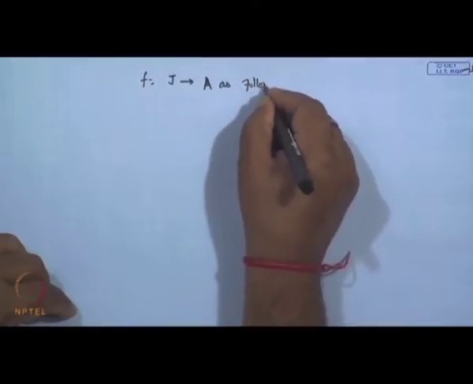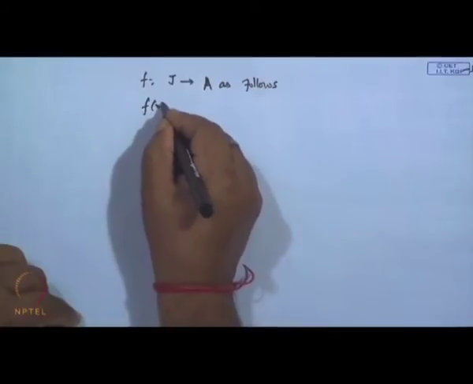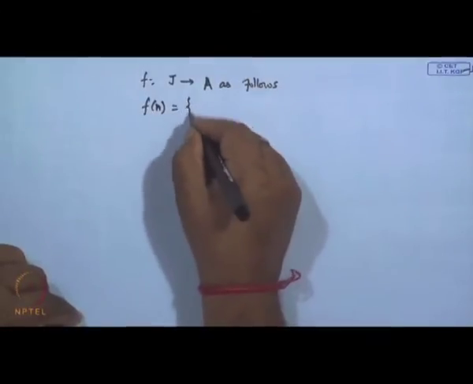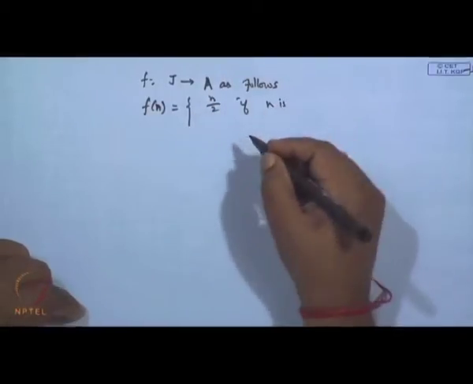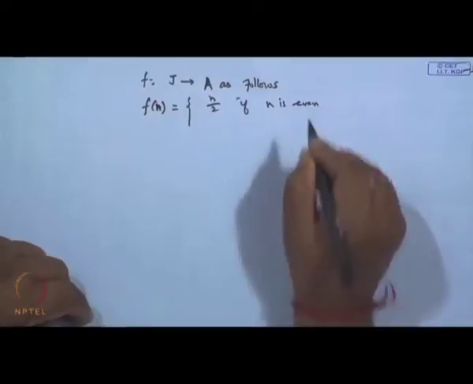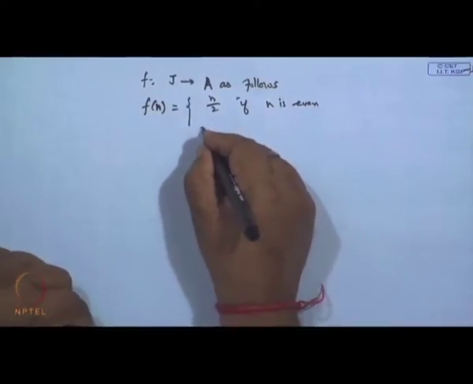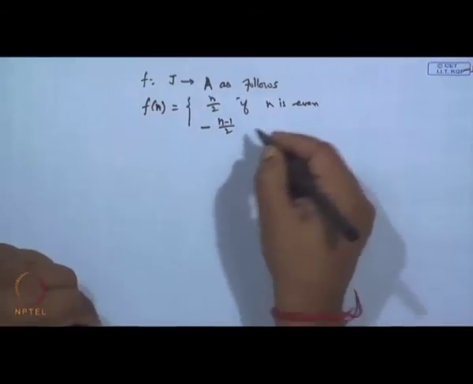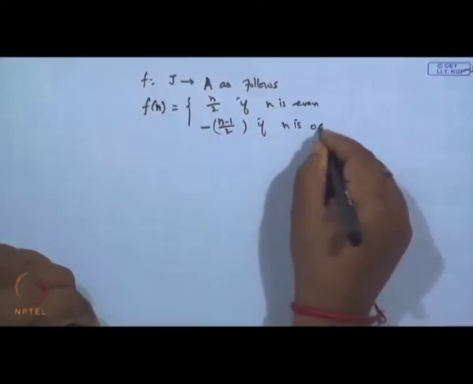The image of any n under f is n by 2 if n is an even positive integer, and otherwise n minus 1 by 2 if n is an odd positive integer.